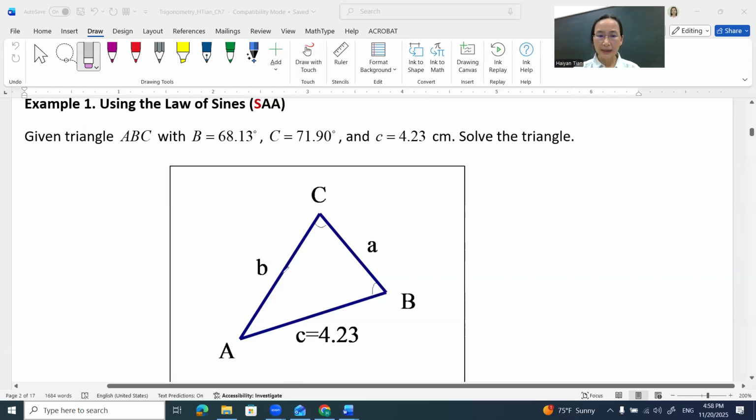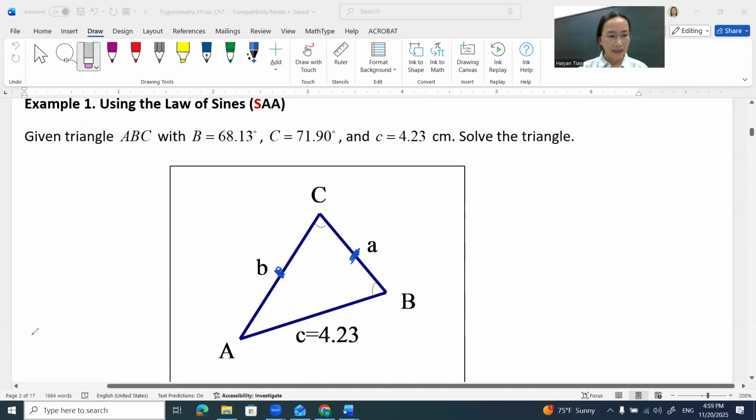Afterwards, we are left to determine the length of side a, the small a, and small b, which is the side b.